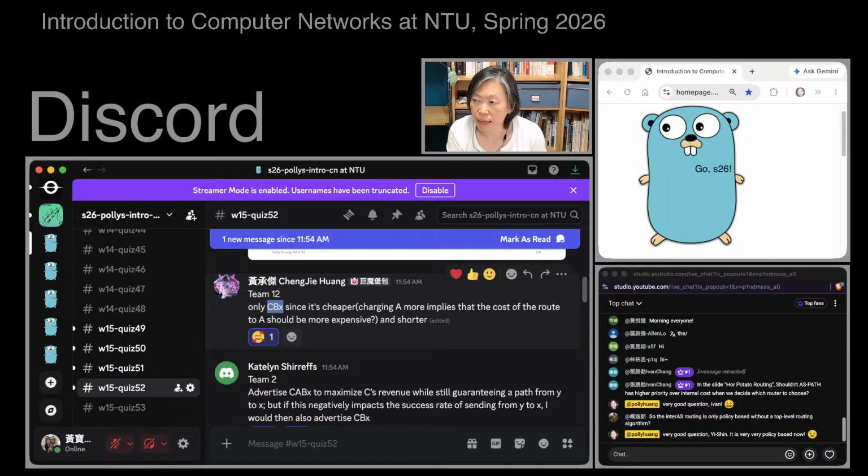Only CBX, because Polly has said that A is a path, and very often you cannot tell exactly what the path is internally within a domain.